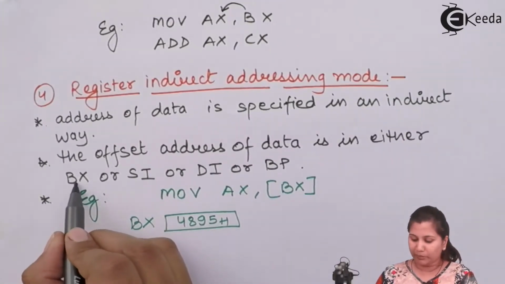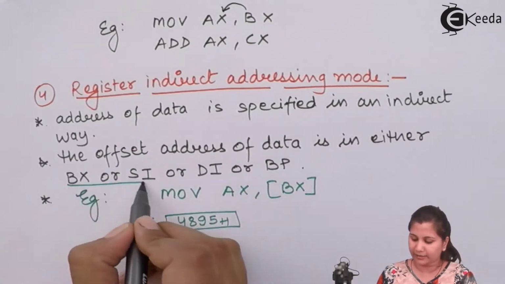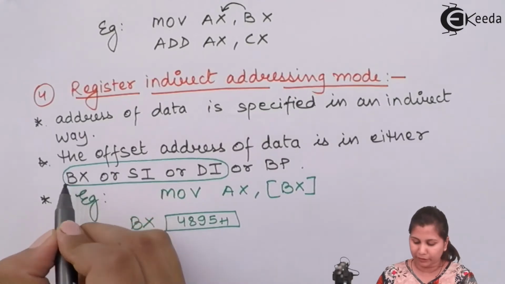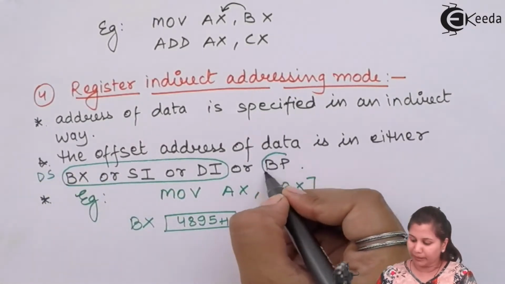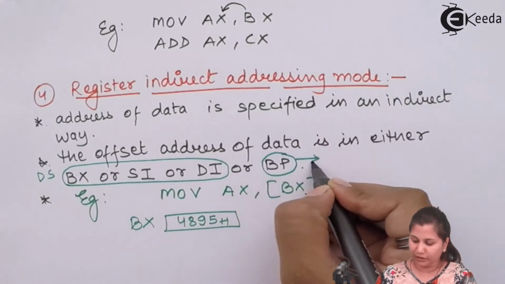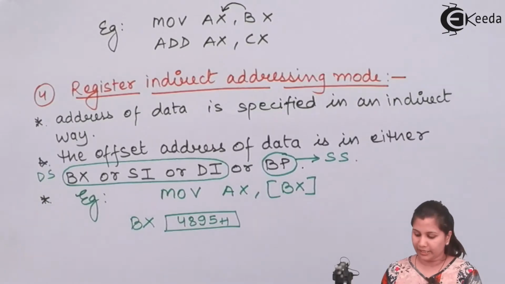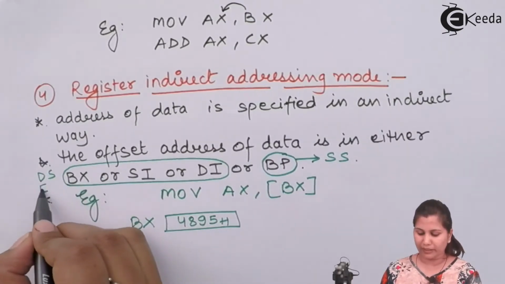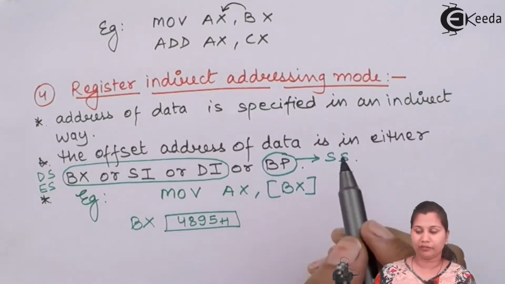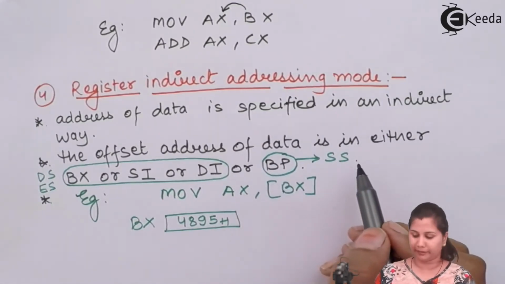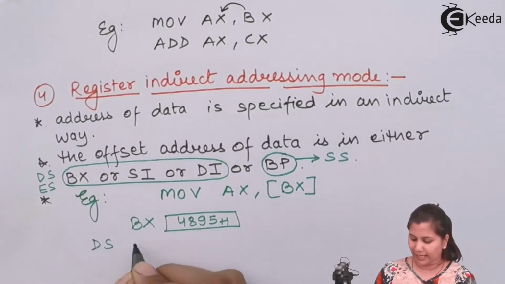If we are using BX or the source index or destination index, then our default segment will be the data segment. And if we are using the base pointer, then our default segment will be the stack segment. We can use the data segment and also the extra data segment, and here for the base pointer we will use the stack segment.